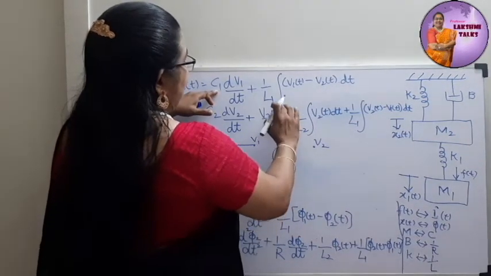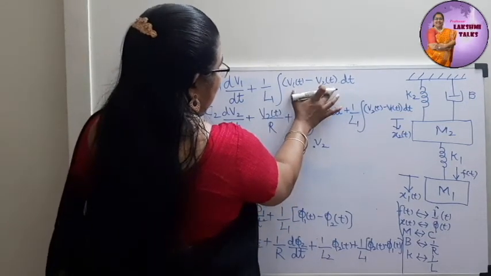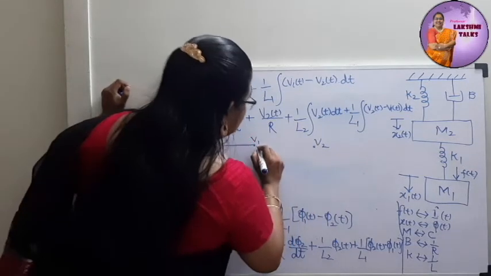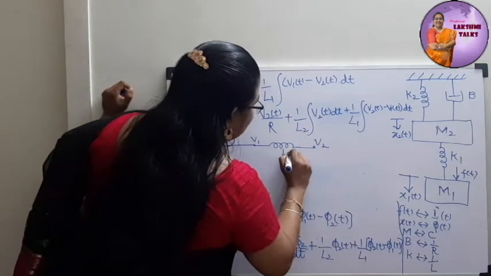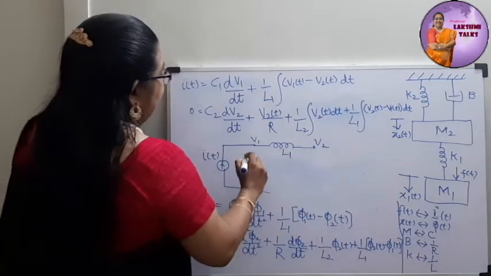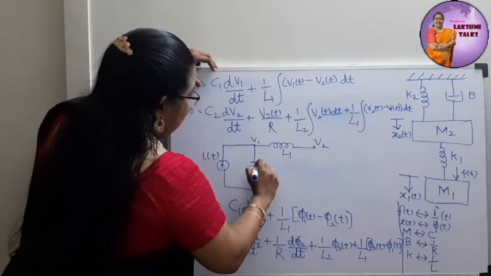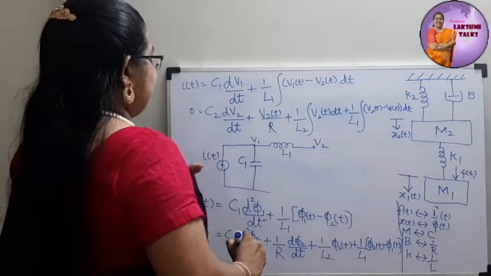C1 alone, right? So L1 is between two voltages. So L1 is between these two nodal voltages. So this is L1. And V1 is across C1 alone. So C1 is connected in parallel. So this completes our first equation.